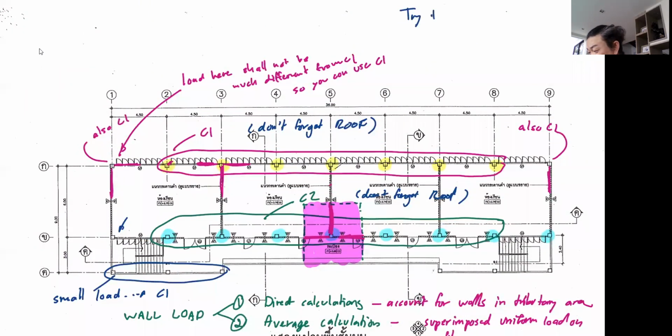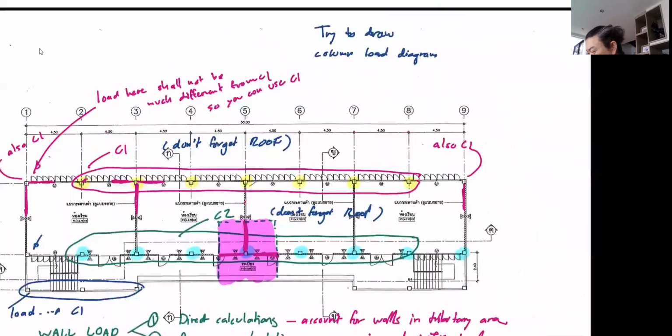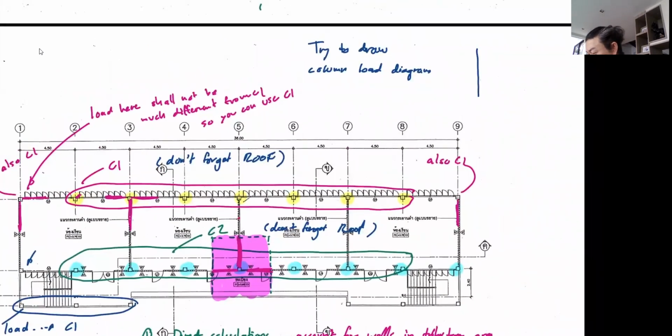Try to draw the column load diagram. So it is going to look like this. This is your column. Okay, and that's your roof. You don't have to draw a truss, just say maybe roof, that's enough.